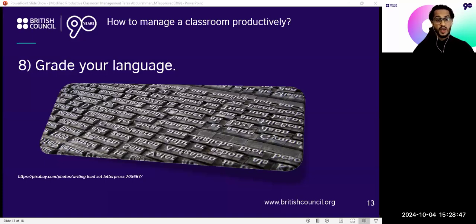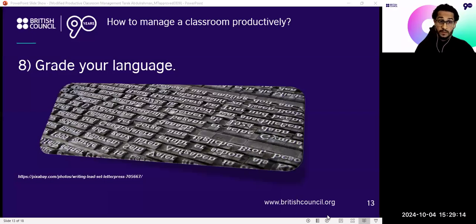They won't understand what you're saying, they will feel bored, anxious, so it's not useful. All of these words are not useful within the classroom. They will not help you achieve your objectives. In order to achieve your objectives and to include and engage all your students, you need to grade your language and adjust it to your students' level. Okay.